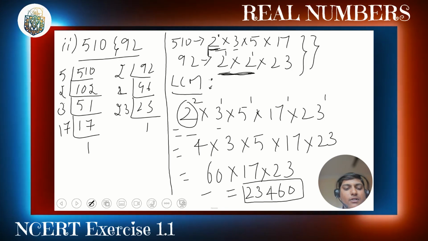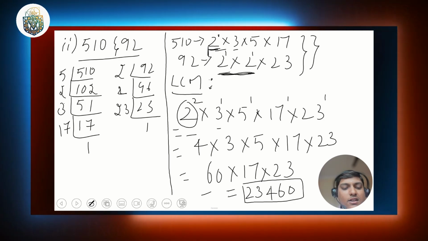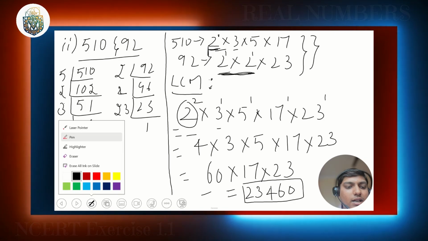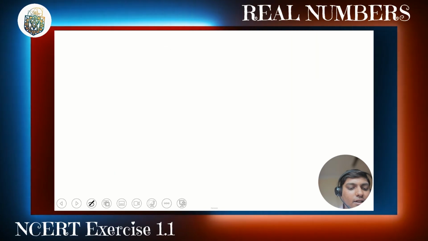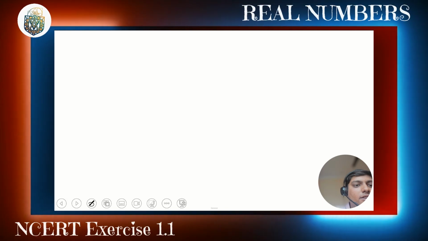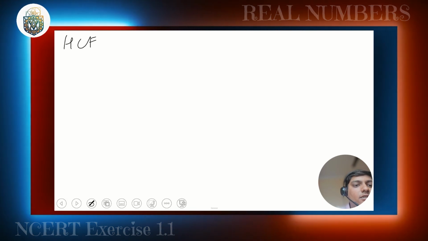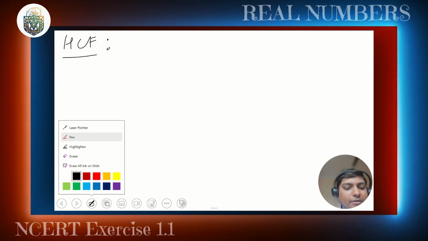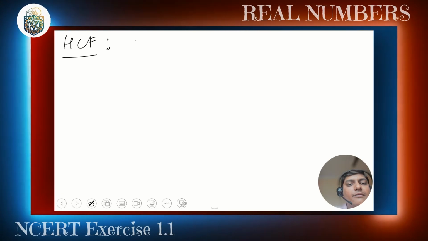Now if I check for HCF, then what I can do? I think I can erase this. Okay, I'll check with LCM. Now I'll go for HCF. So HCF would be the common prime factors, correct? The common prime factors. So what were the common prime factors there?